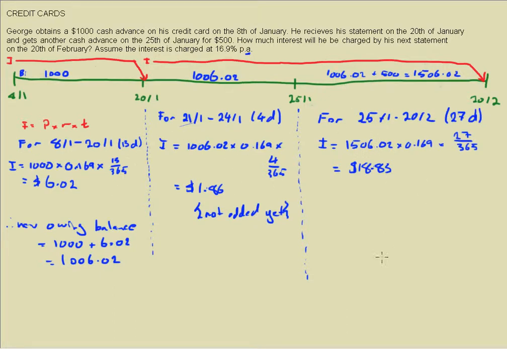Great. So we've calculated interest for these various ranges here. So let's just come up with some conclusions. How much interest will be charged by his next statement on the 20th of February?